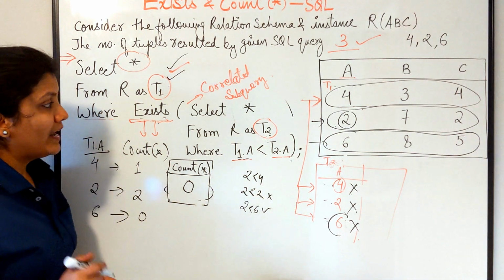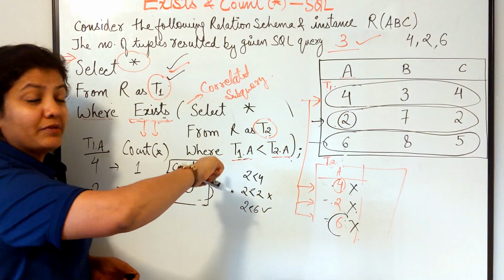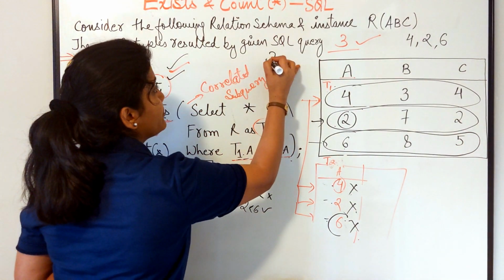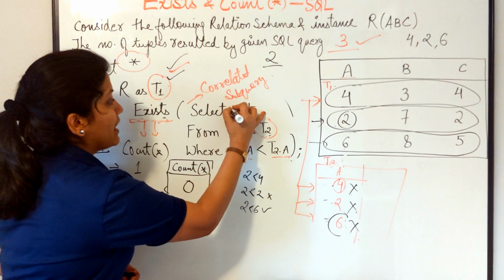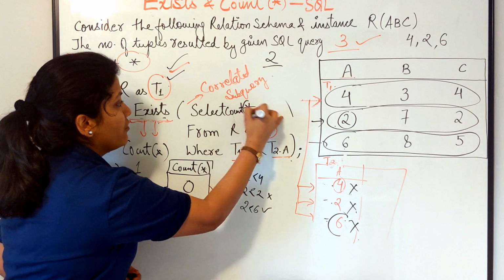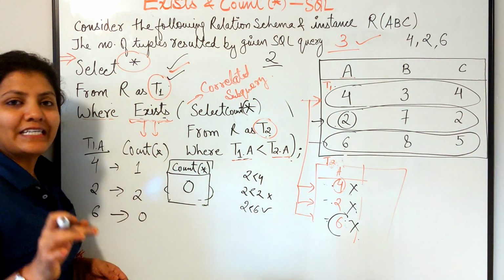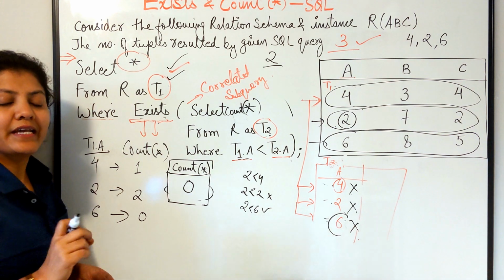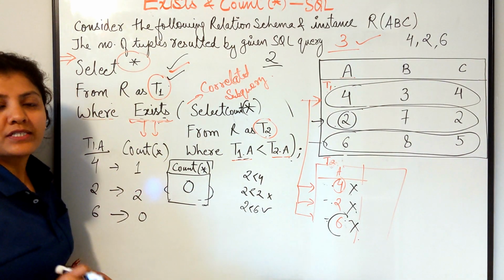Okay? So I hope you have understood that if star would have been here, the answer would have been 2 tuples in the final output. But because we have count star, which results even 0. If nothing is getting selected, it will not say nothing, it will say 0. We are getting 0 rows selected.